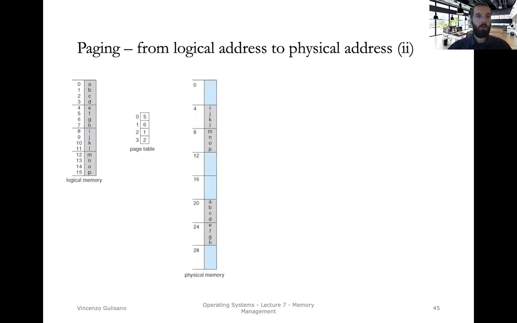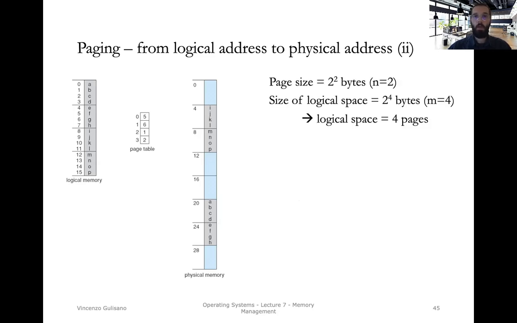Let's look at the example. So here we have a process, it's 4 pages, each page has 4 addresses, we have the page table, and we have the physical memory. The page size is 2 power 2, okay? So n is equal to 2. The logical space is 2 power 4, so m is equal to 4.